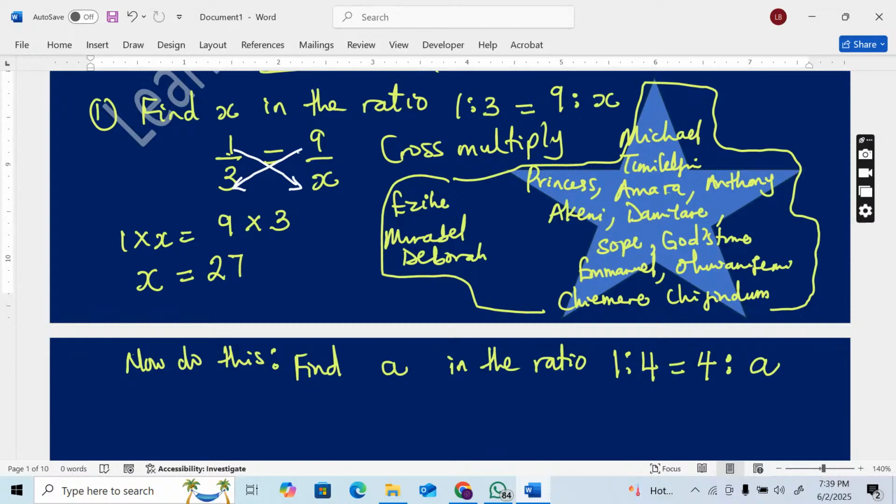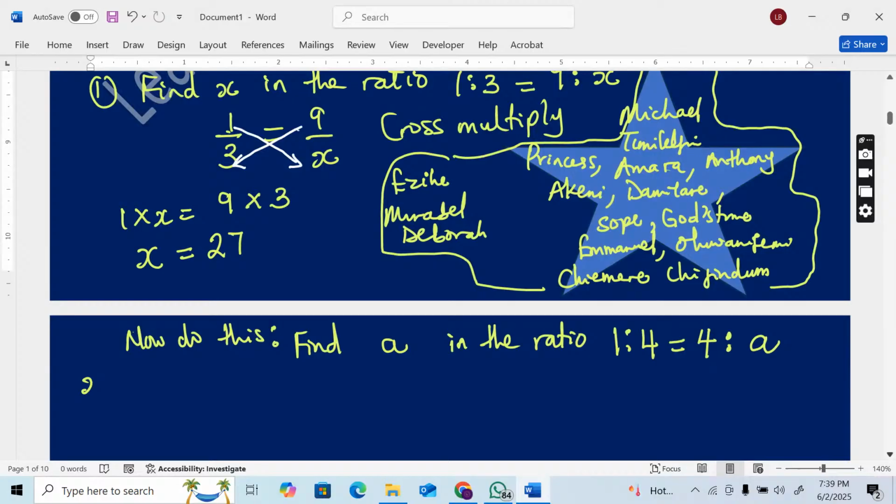All right, so now let's move on to revision question number 2.